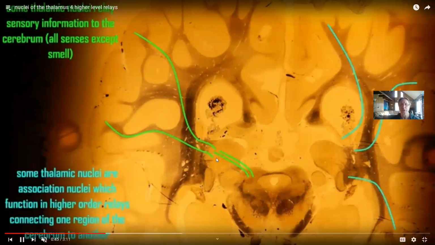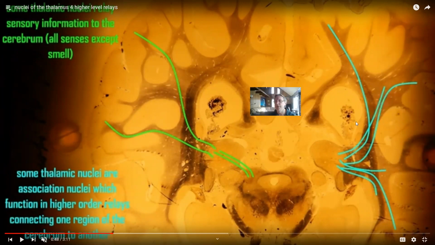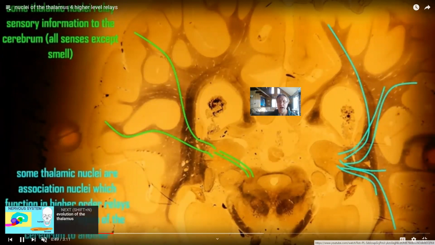as well. So here you can see the lateral lobes of the thalamus. So the midbrain can talk to the thalamus, then messages can be sent on to the cerebrum. But here you can see one lobe of the cerebrum could send a message to the thalamus, which then goes to a different lobe of the cerebrum.